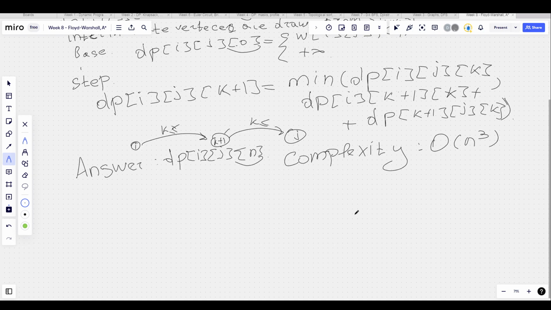It is obviously improved to O(n) squared if we take only two layers of dp, k and k plus one layer. But in this case, we can improve it to only one layer. So let me show you how to do it.